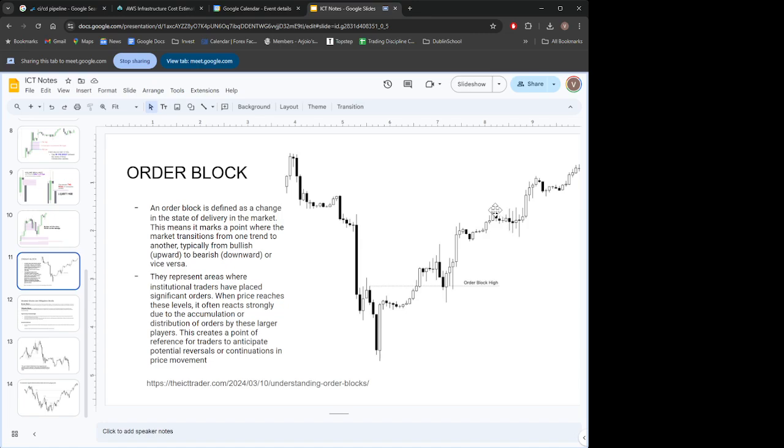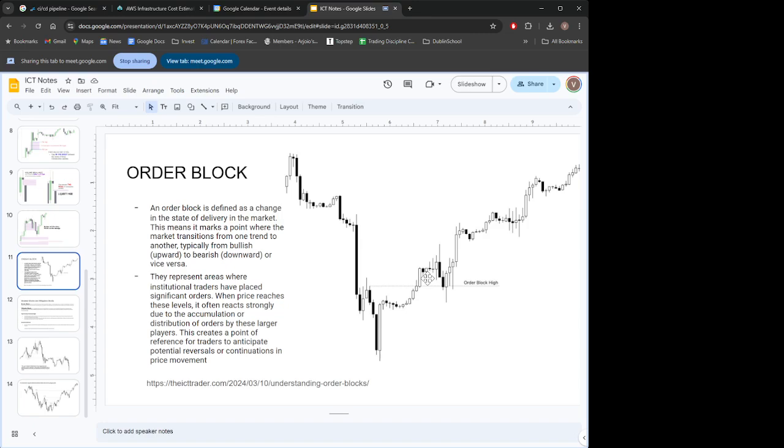Not all the black candles are order blocks, but especially the bigger ones, most of the time, are order blocks. Basically, when things are going up, the candles which go down tend to be order blocks, because that is where institutions are jumping in and buying before the price goes too high.